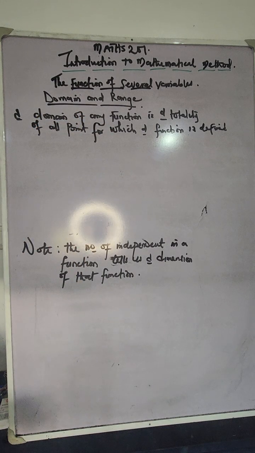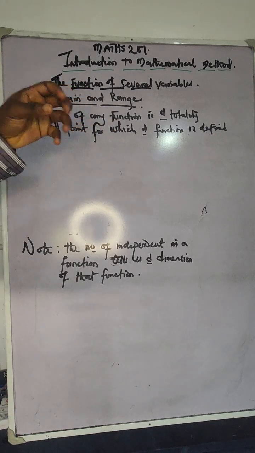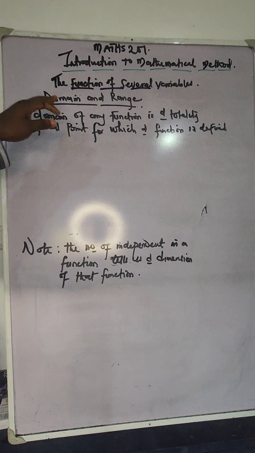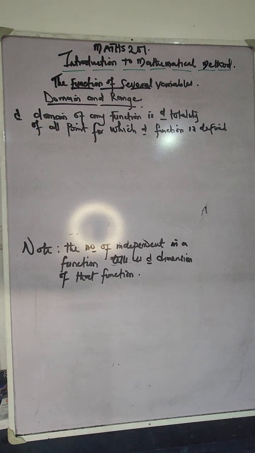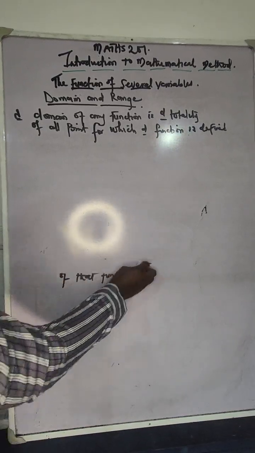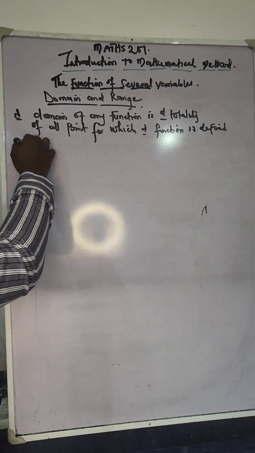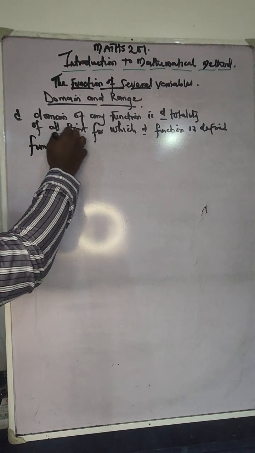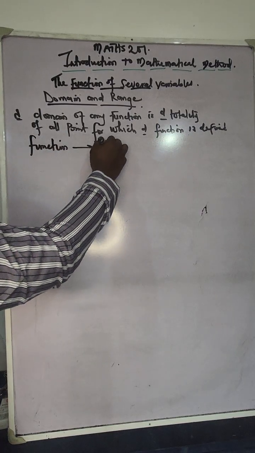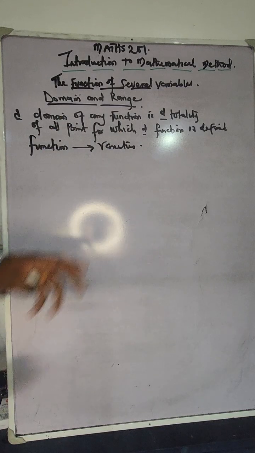What does it mean? It means every point that makes a function make sense is called a domain, right? And we said functions may come in different varieties. We have functions and we have their attitudes.